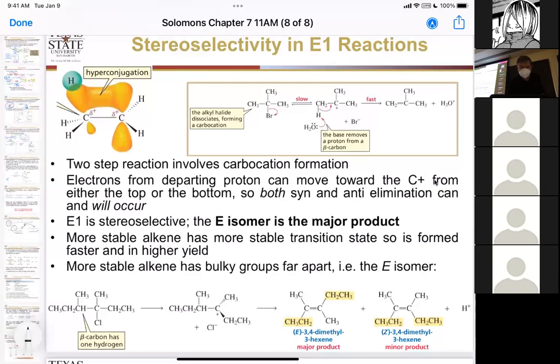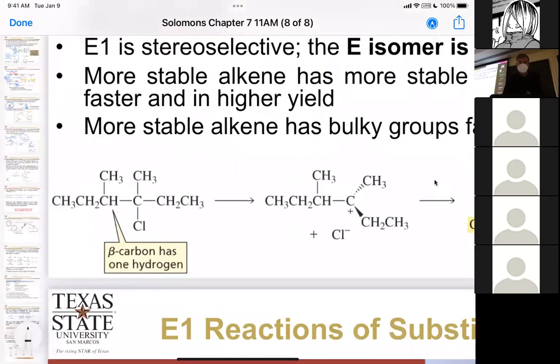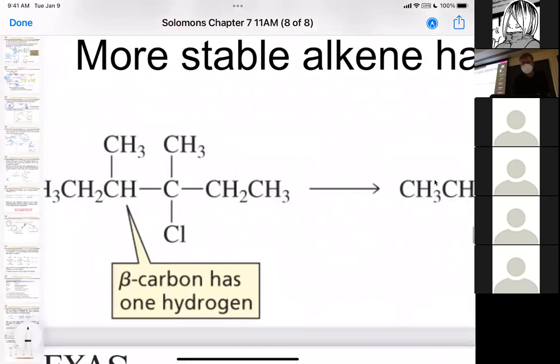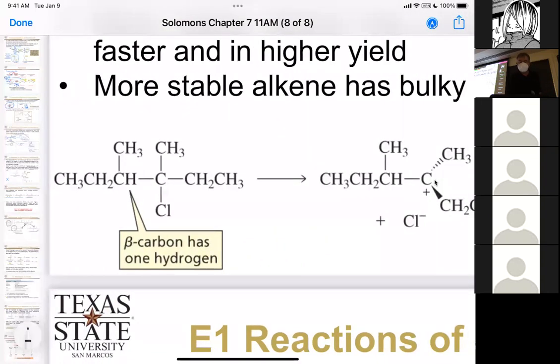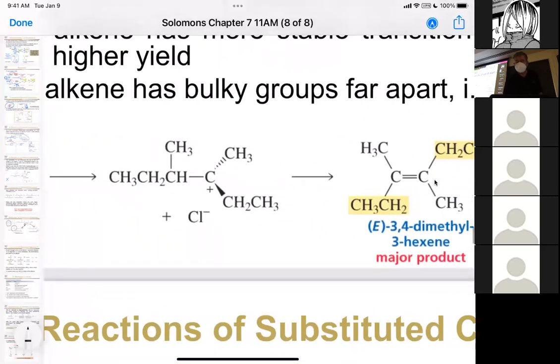So if we look at the product down here, we have a nice beta carbon right here with one hydrogen on it. And that's going to give us probably our major product, because that's going to be giving us a really substituted alkene. Okay, so we're going to make our carbocation.